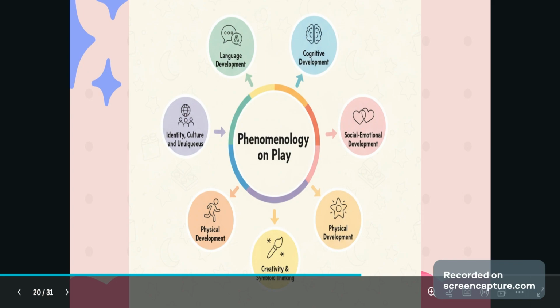Like for instance, duha ka children na play o kanang tinda-tindahan. They might say, "How much is this?" or "I'll pay you 2 coins." So a teacher who applies phenomenology will pick up on the real communication practice happening and expand it by saying, "Yes, you gave 2 coins."